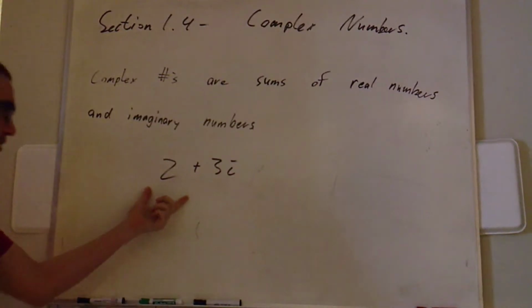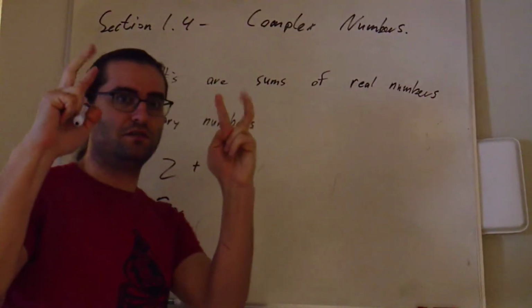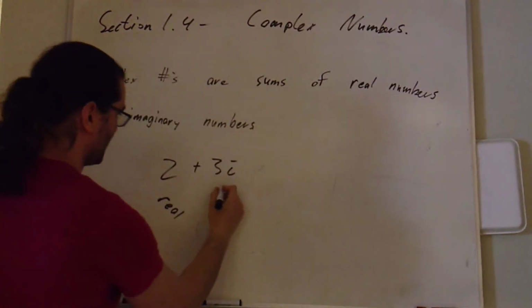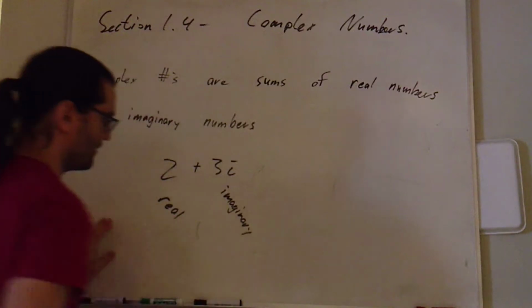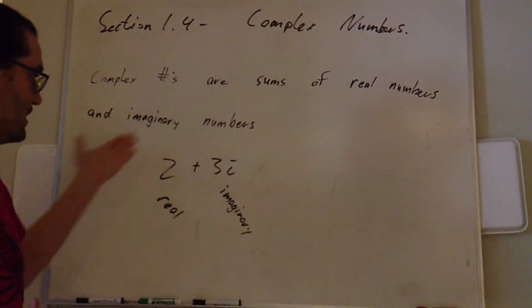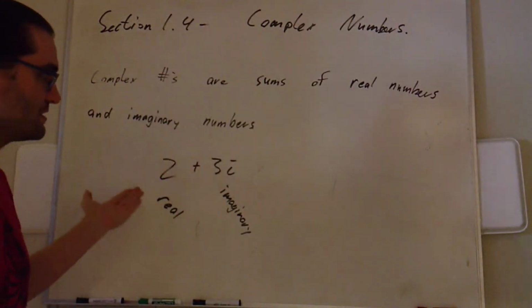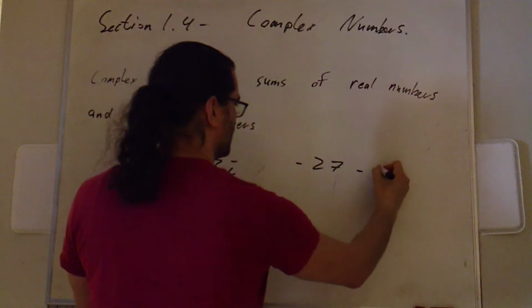It has a real part. 2 is real. Has an imaginary part. 3i is imaginary. And if you add them, you get a complex number. Looks like this. Negative 27 minus 13i.